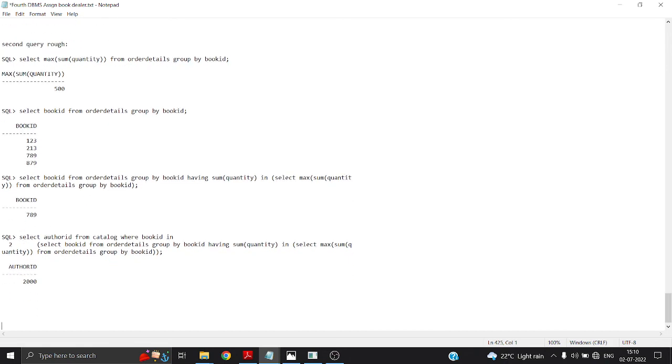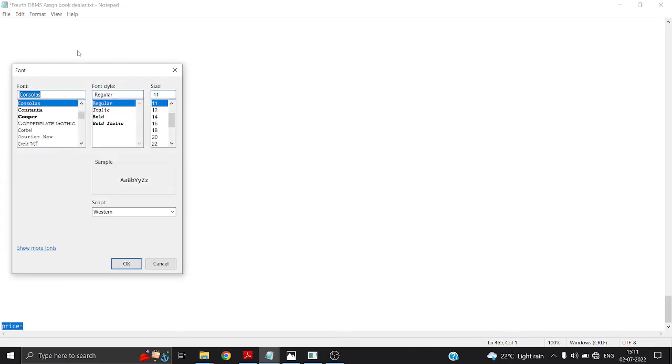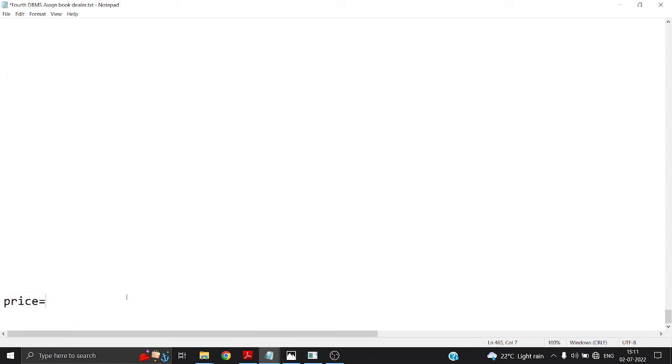Expression for the price: we need to update the price. Price equal to price, original price. For this we need to update 10%. 10% of what?